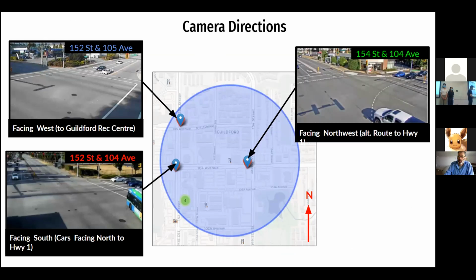And the green intersection is like a detour to Highway 1, so it makes sense why the graph on the last slide behaves the way it does, with 152 and 104 having the highest car counts, and 152 and 105 the lowest.